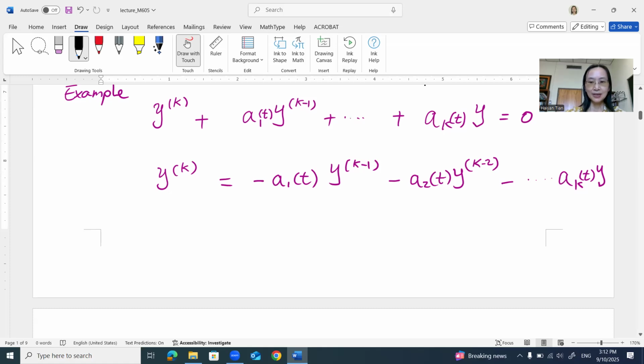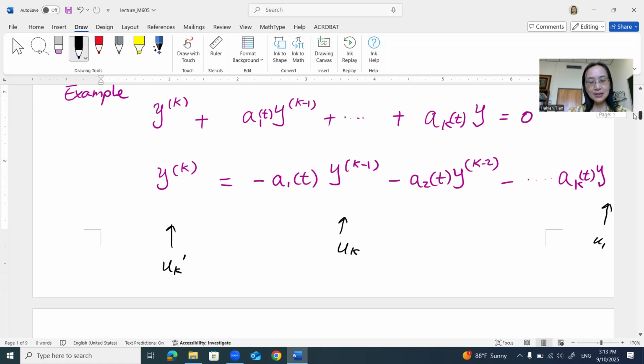Suppose we call this one U1, for example, the y first derivative will be U2, and then this one all the way to this one will be UK, and this will be UK's first derivative. So then we have already reduced the kth order higher order derivative equation into first order.